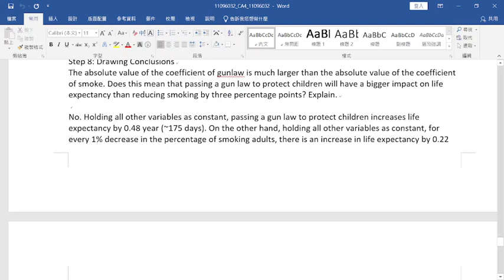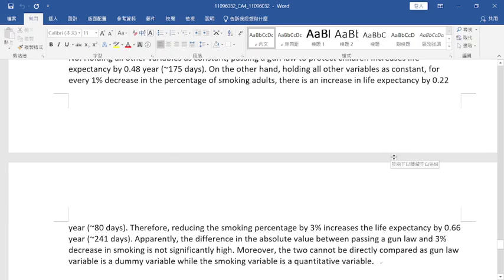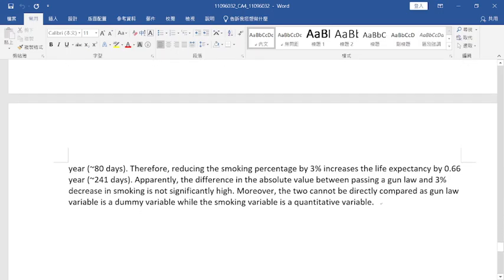Holding all other variables constant, passing a gun law to protect the children increases life expectancy by 0.48 year, or around 175 days. On the other hand, holding all variables constant, for every 1% increase in the percentage of smoking adults, there is an increase in life expectancy of 0.22 year, or 80 days.